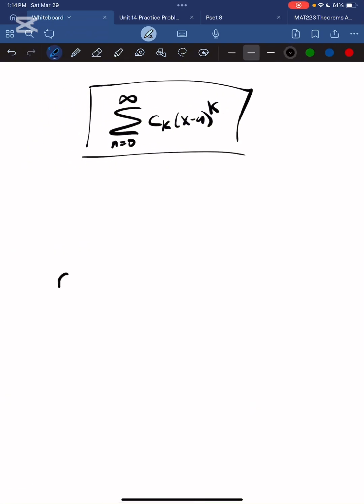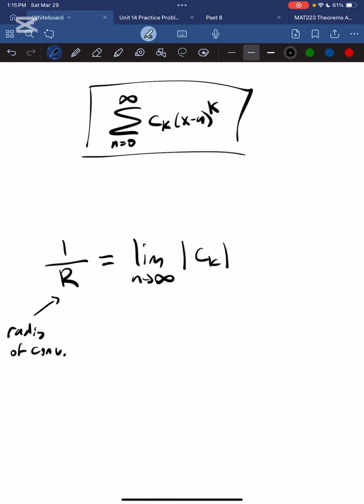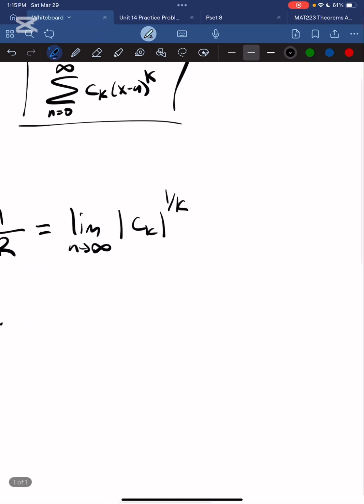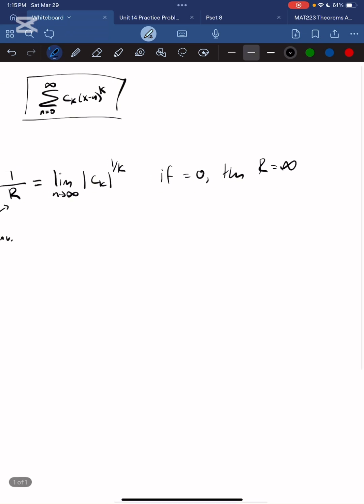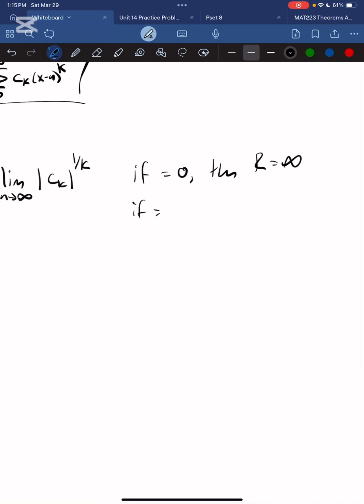Let's say 1 over big R, where R is the radius of convergence, is equal to the limit as k goes to infinity of the absolute value of c sub k to the 1 over k. When this equals 0, then R is equal to infinity. Whereas if it equals infinity, then R is equal to 0. This is what the test says.